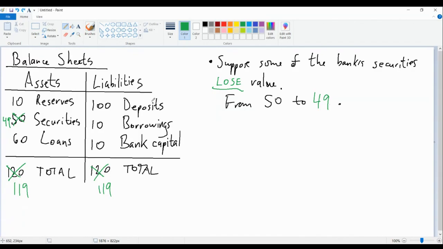All the liabilities to other people add up to 110. How much is left over for the owners? None. So when the assets the bank is holding lose value, it reduces the bank capital. So what's left over for the owners has declined. Any questions or comments about this?